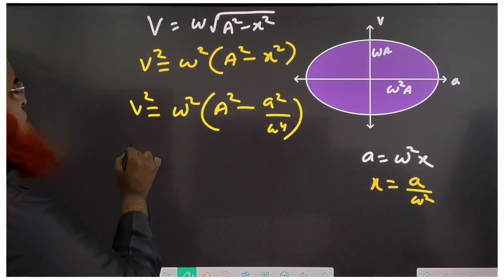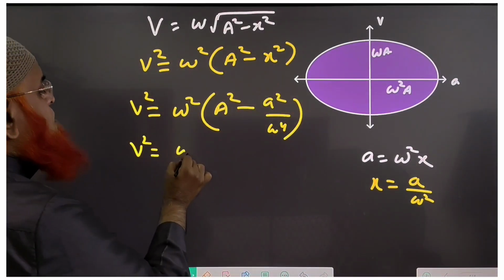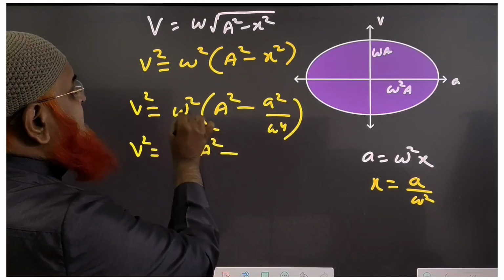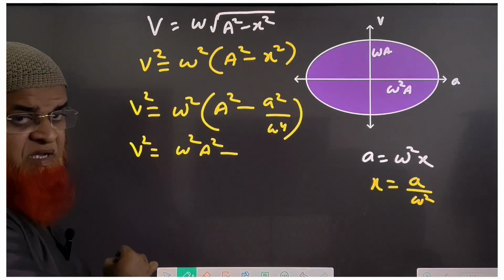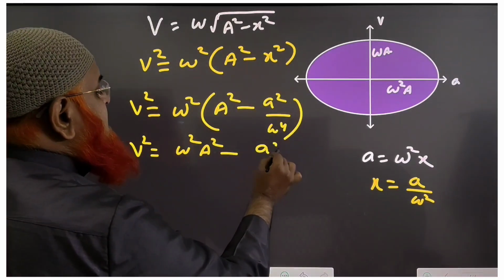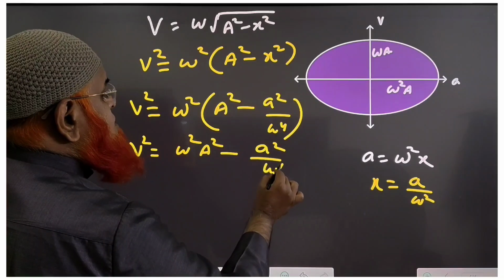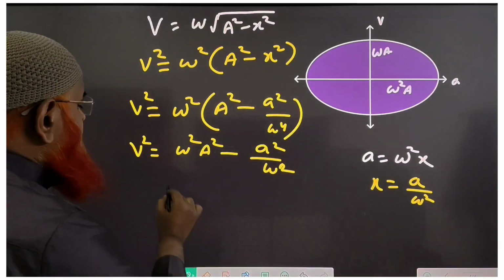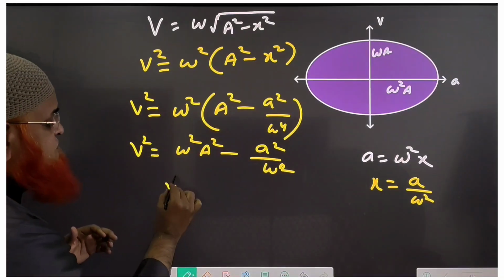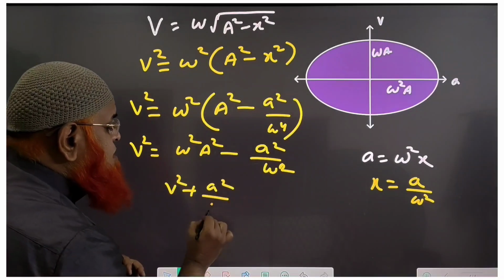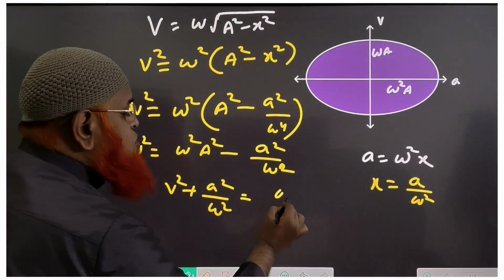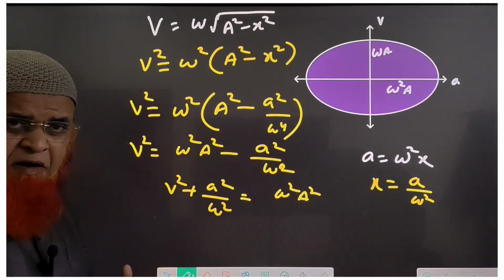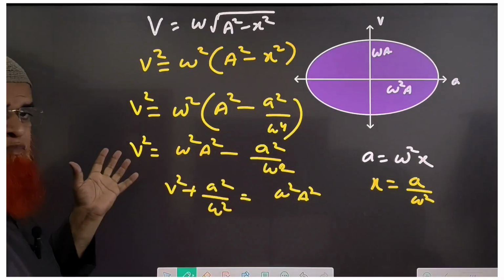Then after that, v square is equal to omega square a square minus a square by omega square, as omega power 4 gets cancelled here. What is left now? A square by omega square. Then you just shift this one to the left side. V square plus a square by omega square is equal to omega square a square, which is left here.